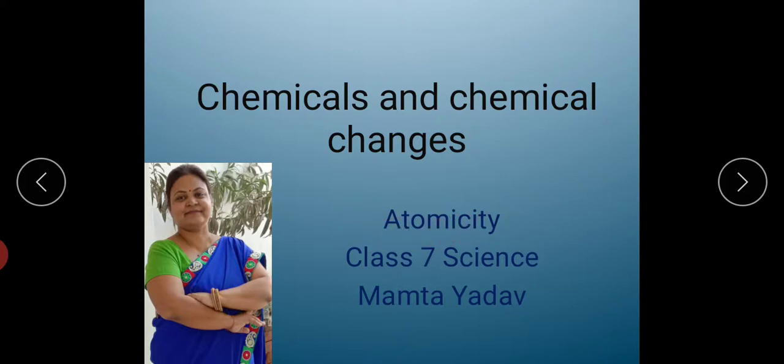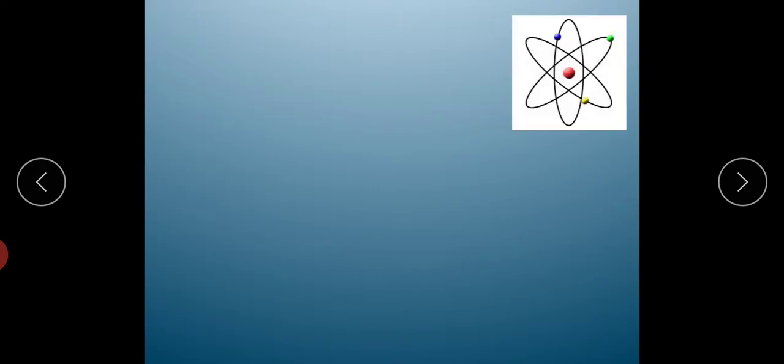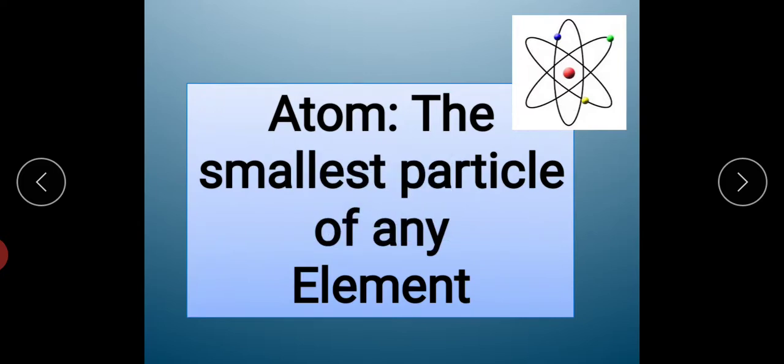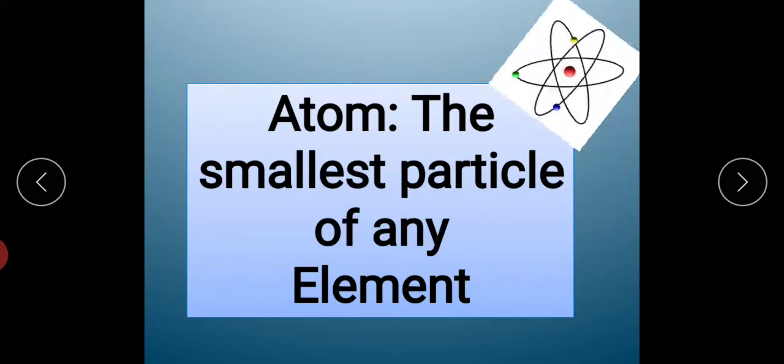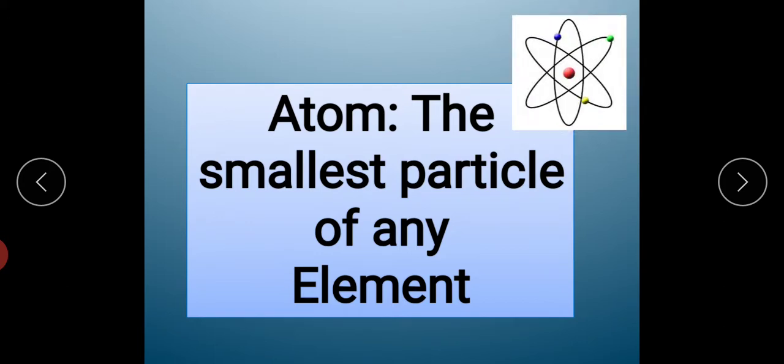Children, we know that atom is the smallest particle of any element. Matter is made up of atoms. But do all atoms remain independent, separately, single atom? No. Atoms of many elements cannot exist independently.